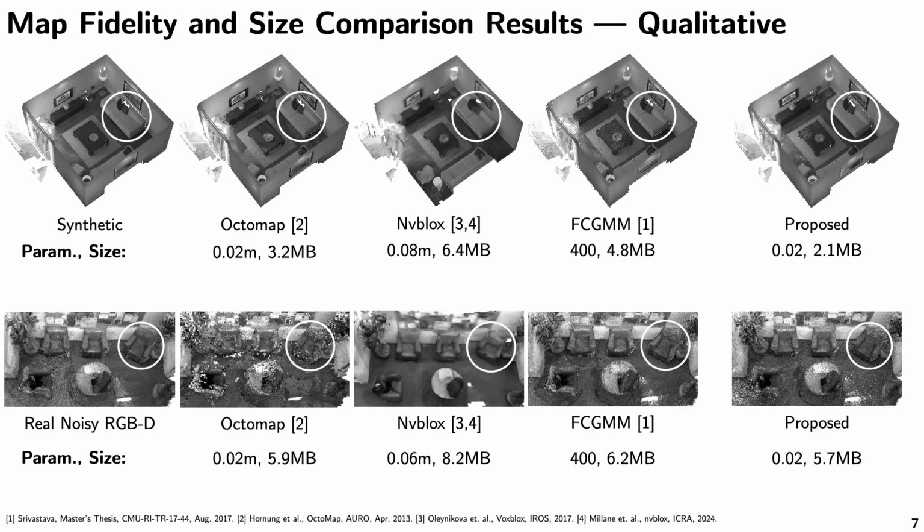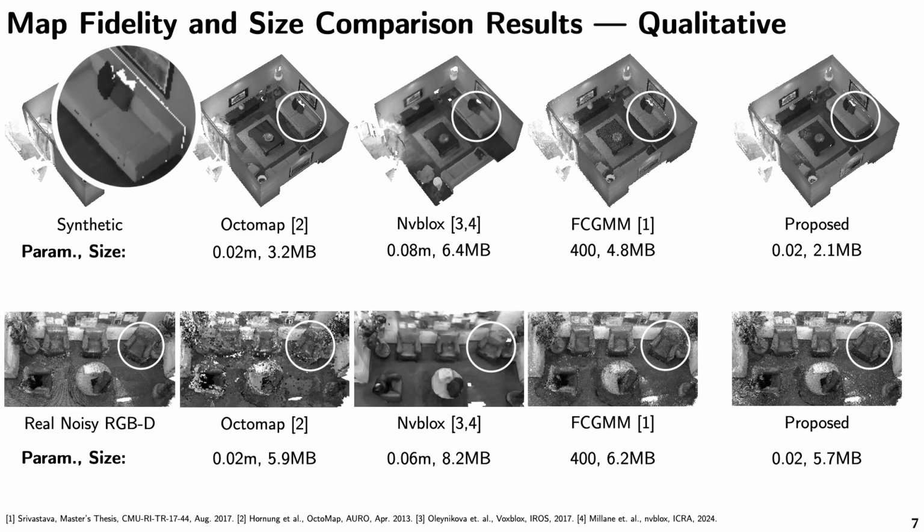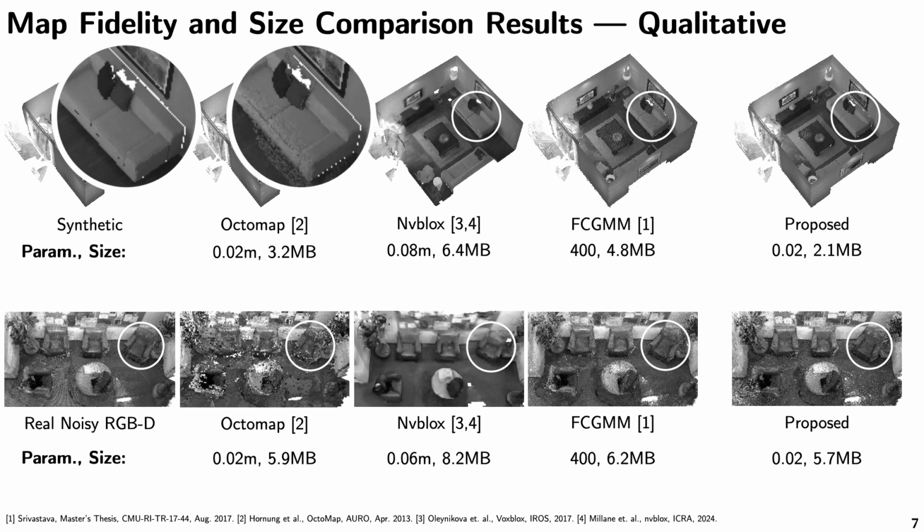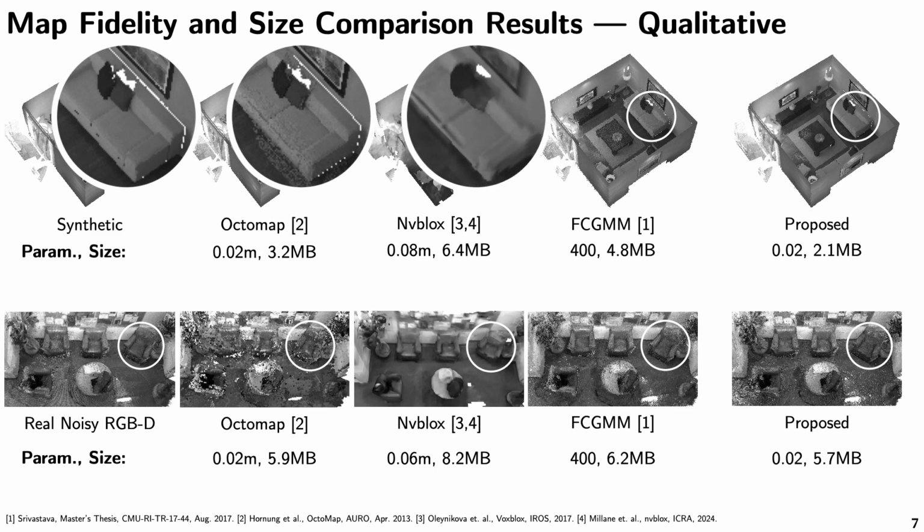Here are some results. Let's say we are given some synthetic ground truth, as shown here, and I've zoomed in on a part of the image. Octomap results in a pixelated output and also incorrect intensity associations because Octomap just averages the color within each voxel. NVBlocks kind of smooths out the data too much because it does weighted average to create the TSDF in each voxel.